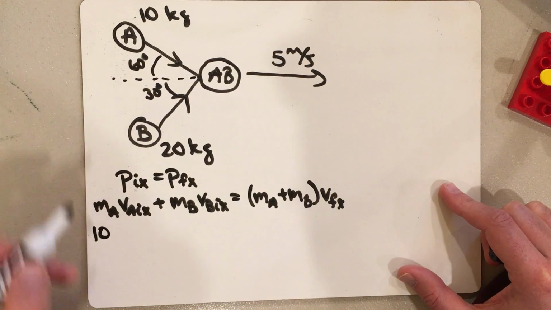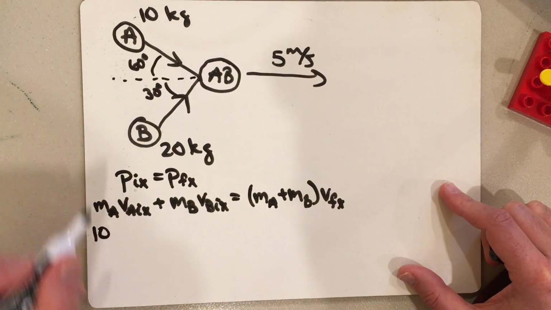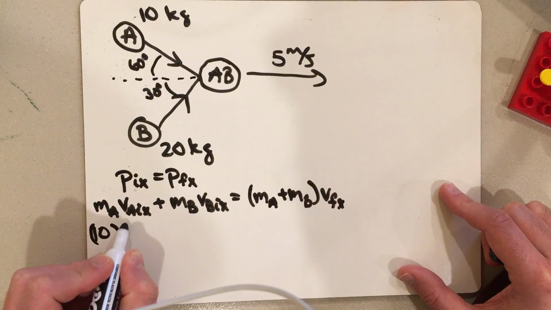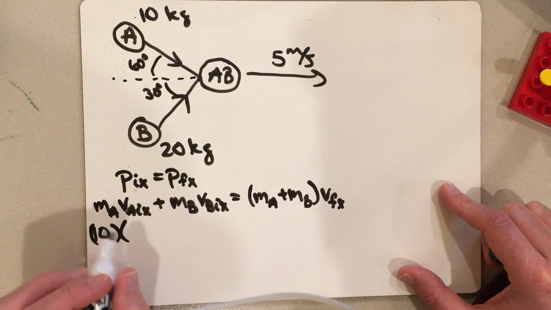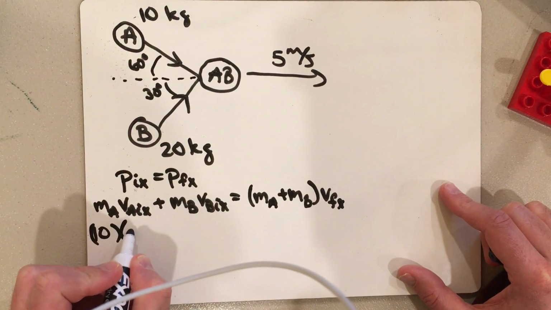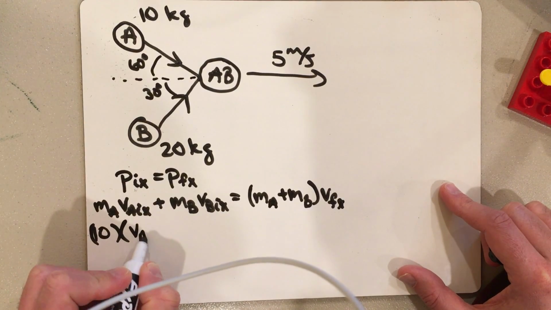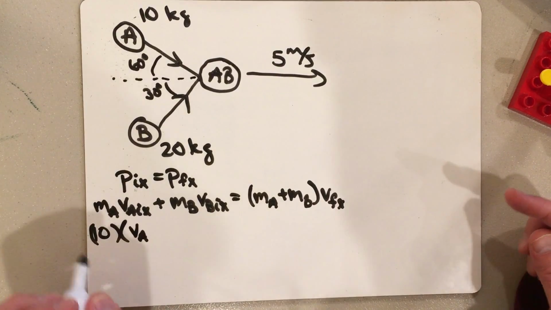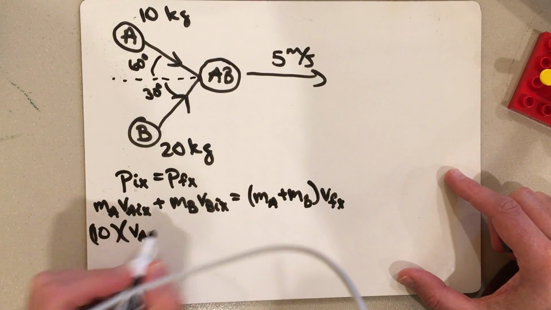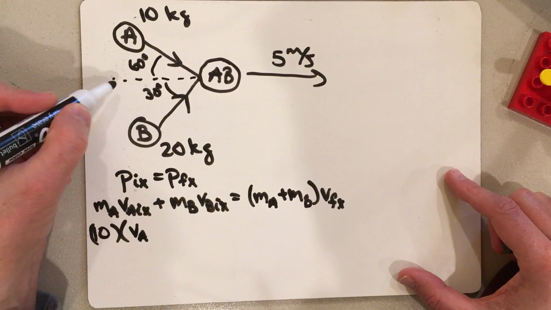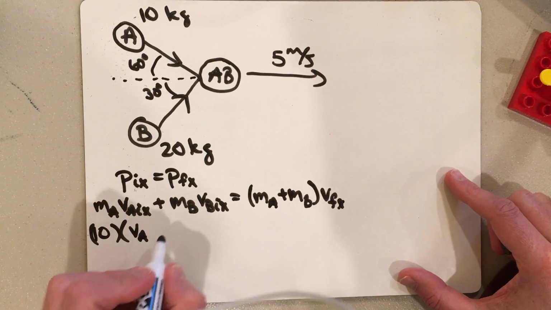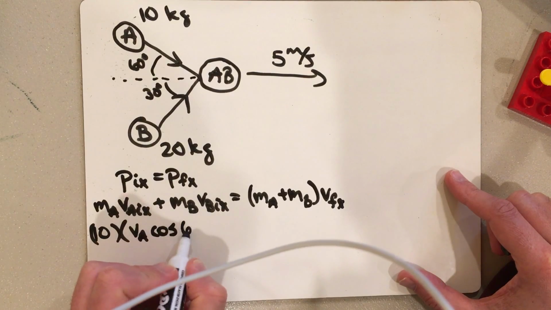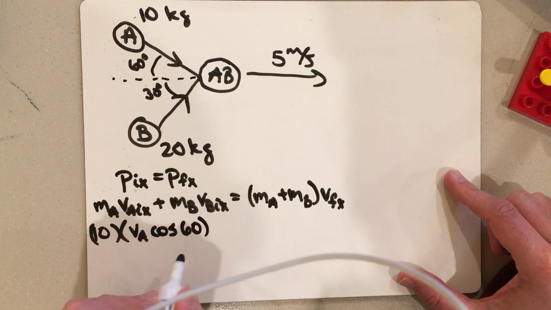And then I only want the x component of the velocity, so I take the magnitude, which I'm just going to call VA, and since the angle is relative to the horizontal, that's going to be the cosine of 60 degrees.